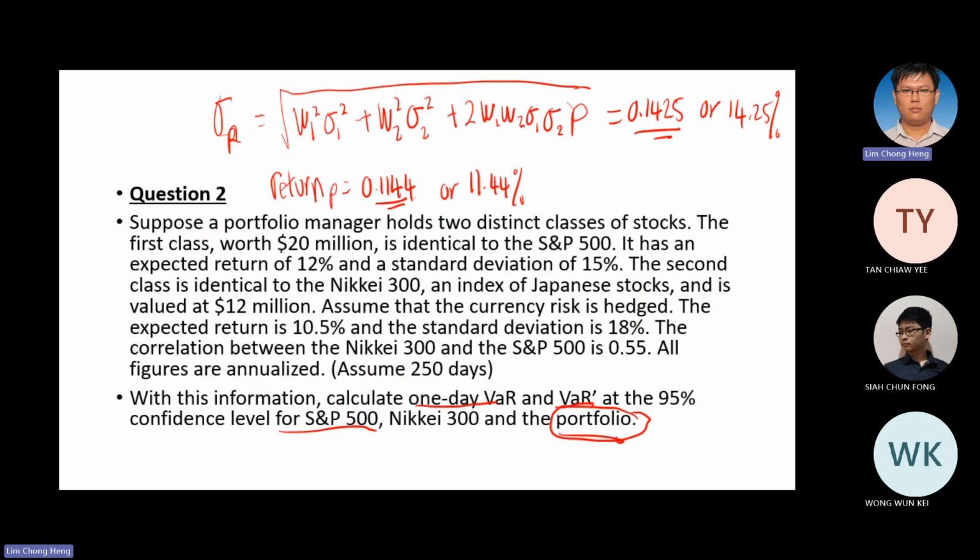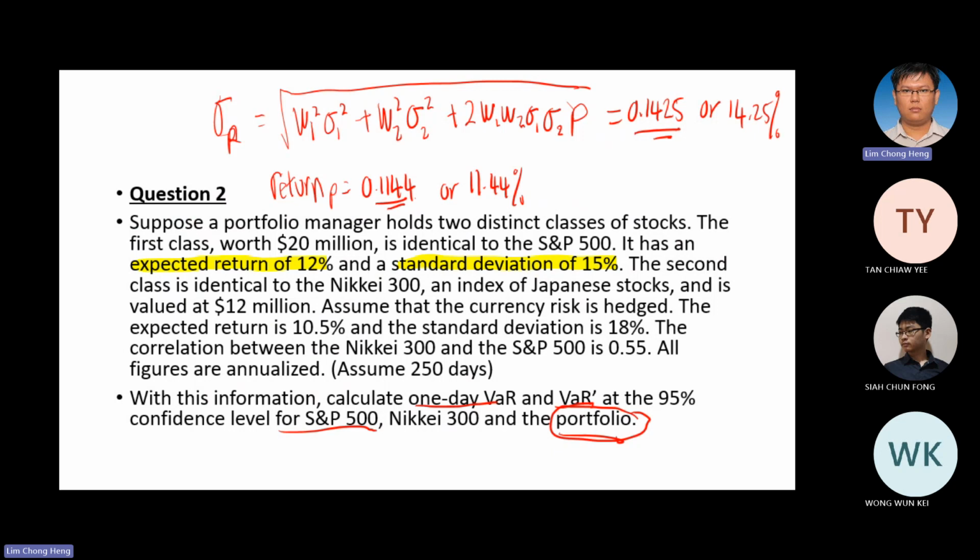And then question number 2, they give you hints at least twice. They give you an expected return of 12% and a standard deviation of 15%. I already told you early in the semester in finance, we are talking about return and risk, annual risk and annual return.